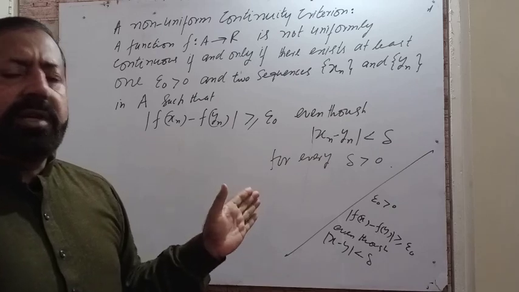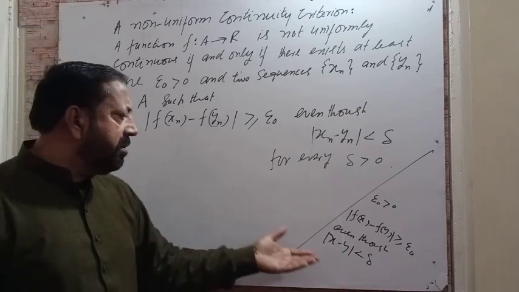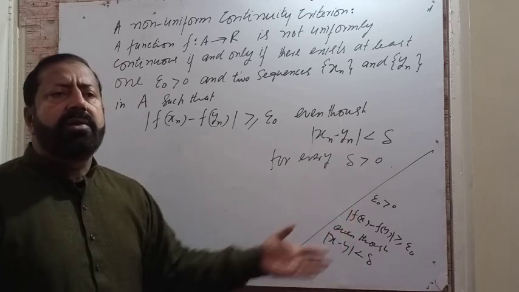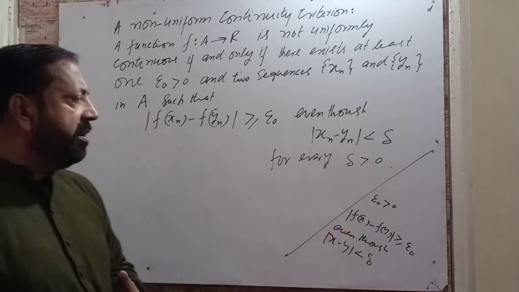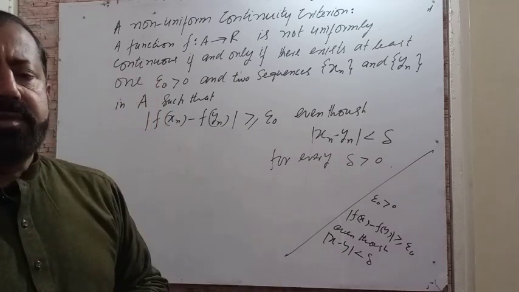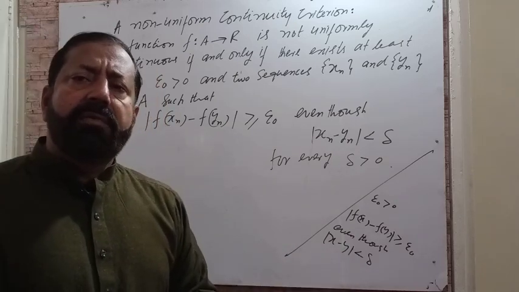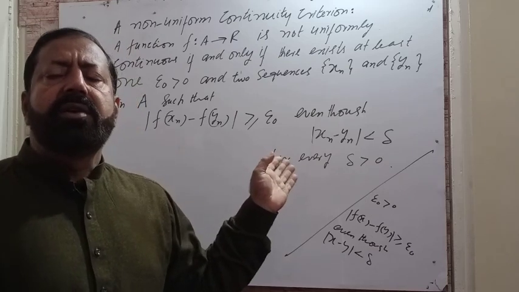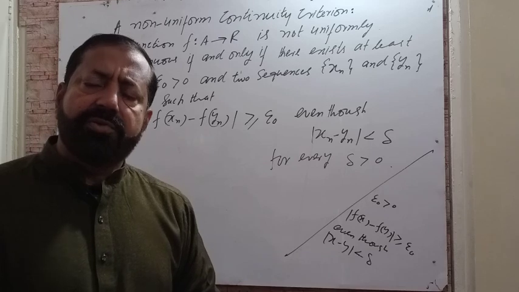The idea is to search for such an epsilon naught. Instead of writing x, y, we are choosing two sequences because we will use this non-uniform criterion to prove the uniform continuity theorem.